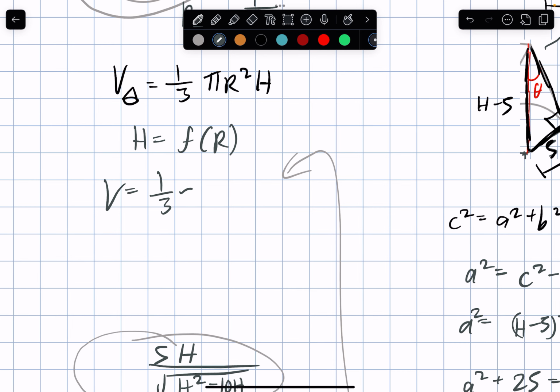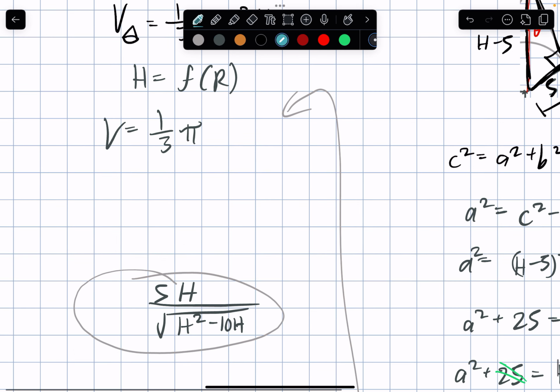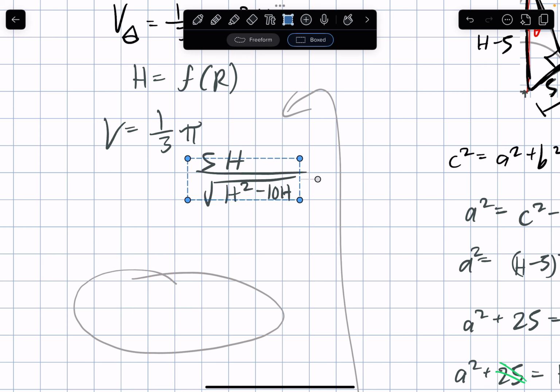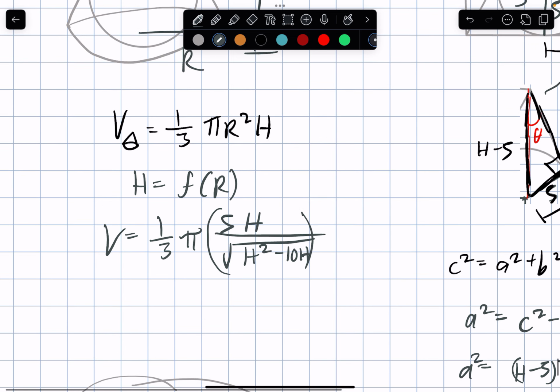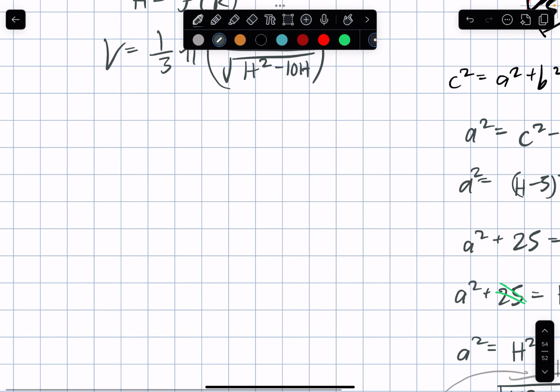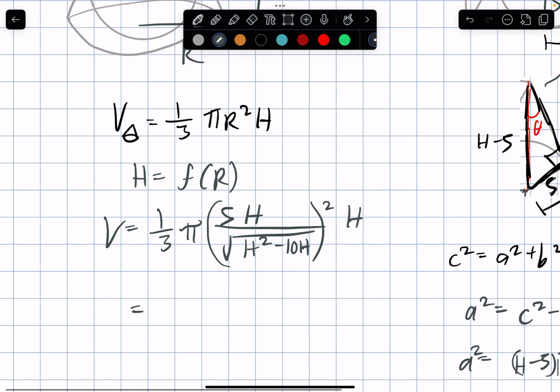So V is equal to 1/3 pi r squared h. Simplify, then we find the derivative, aka find dV over dh, since with respect to h, our other variable is just h.